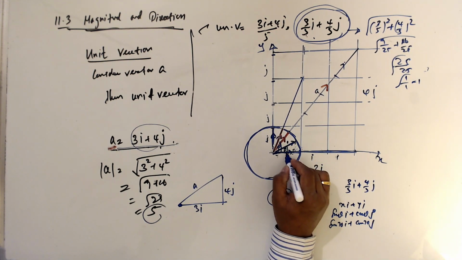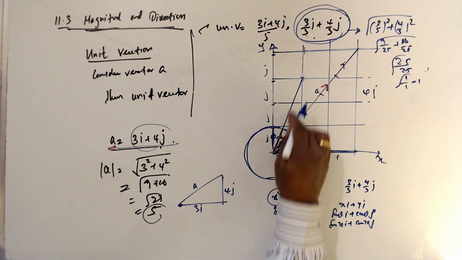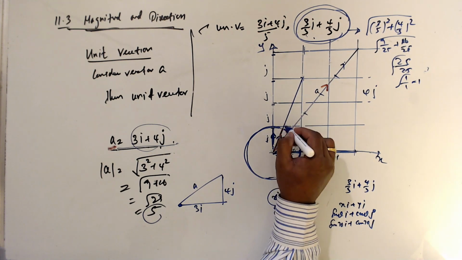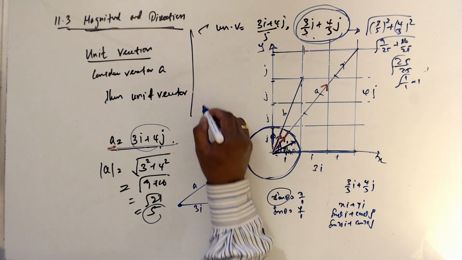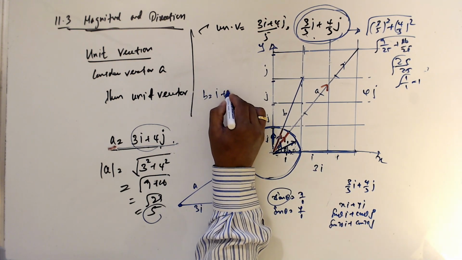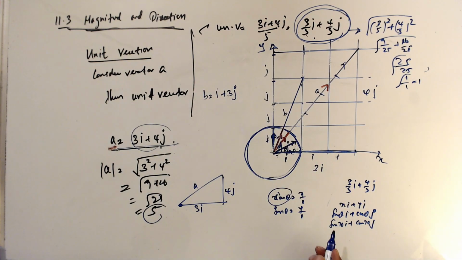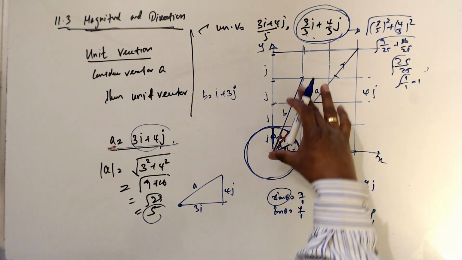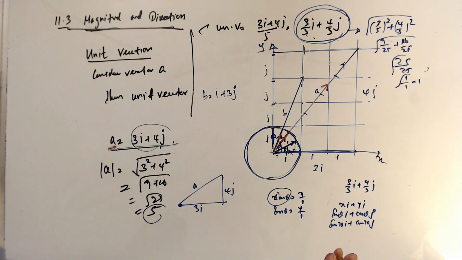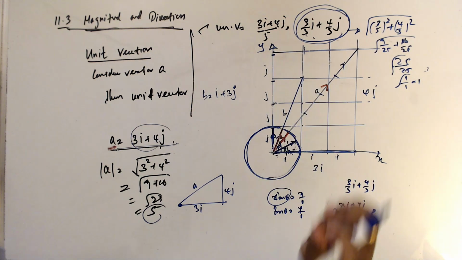Now this is i. If you have a vector like this, what is this vector? If I take b, i plus 1, 2, 3 j, b equals i plus 3j. If you don't have an angle, you can work like this. So this whole vector is i plus 3j. Now we'll find the size of this vector.